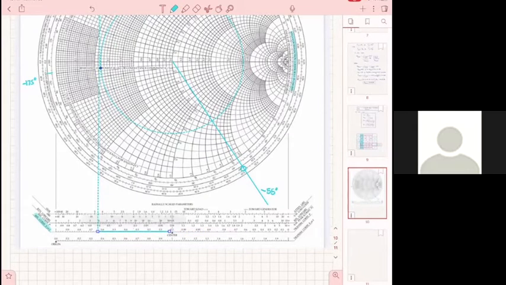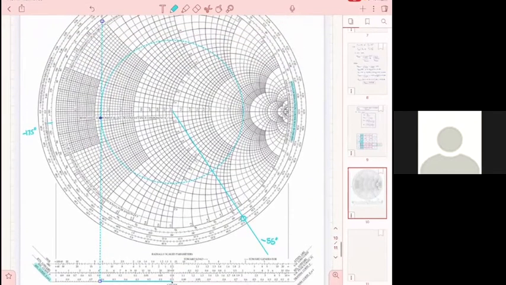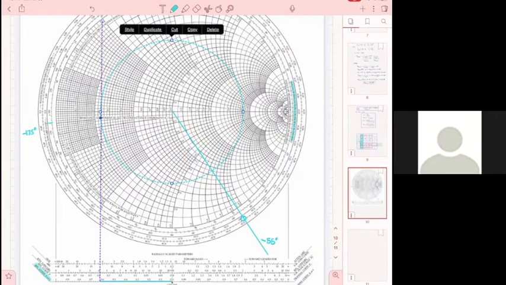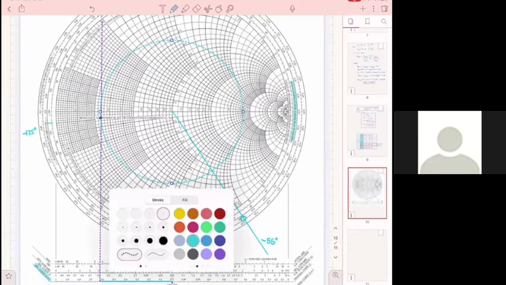Then the correct one should be just 1.0 plus j0 is the center. So how are you going to find it? You draw this vertical line here, which I'm going to change the color of right now so you don't get confused. Let's make it purple. You're going to draw the circle that goes through this purple line.